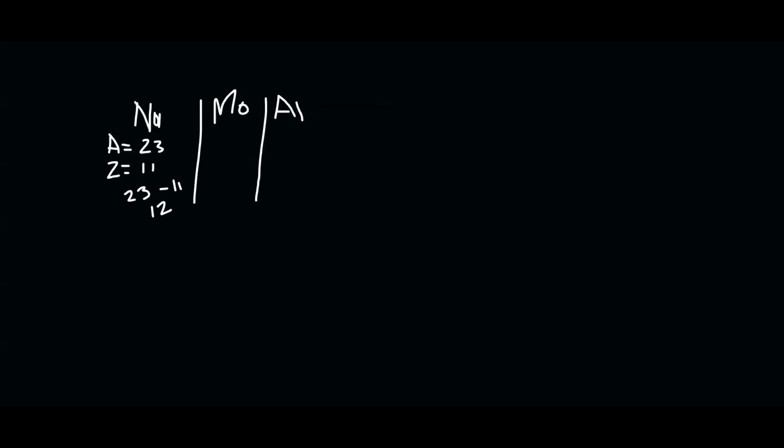So that's Mg, and then what's A, which would be the mass number? What's the mass number for magnesium? 24. Good. Atomic number 12. 24 minus 12 is 12.